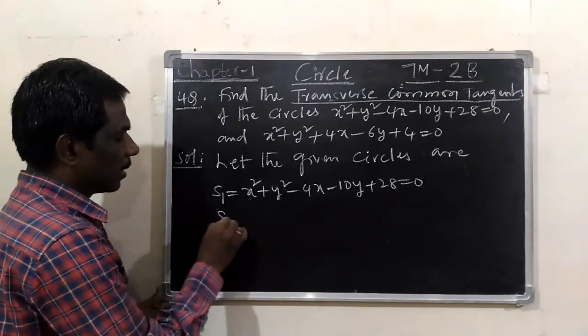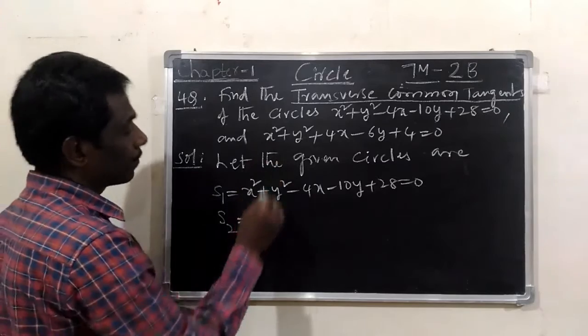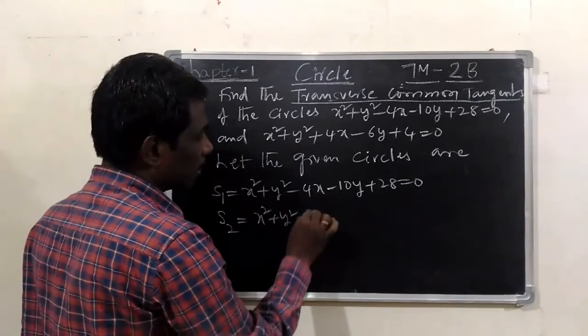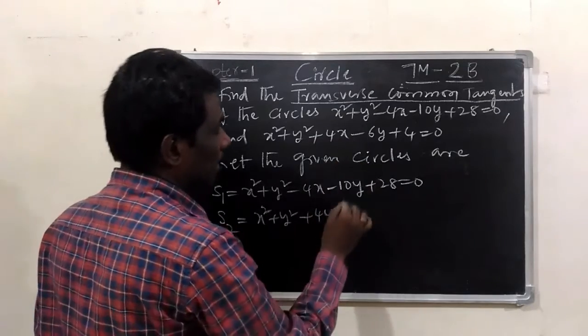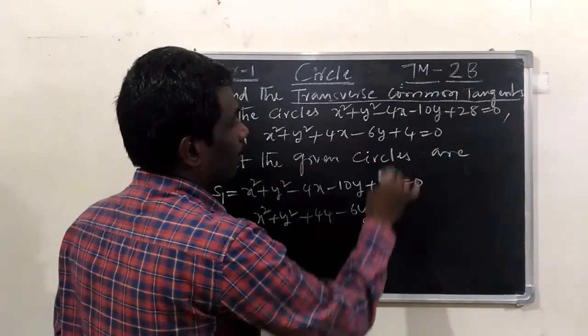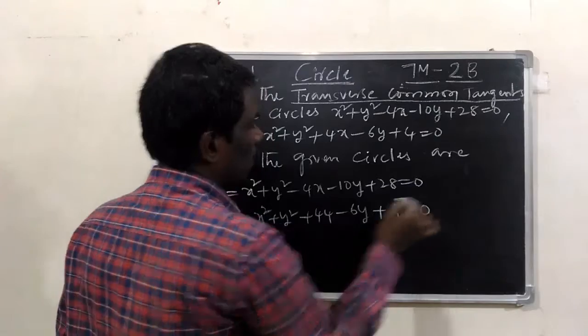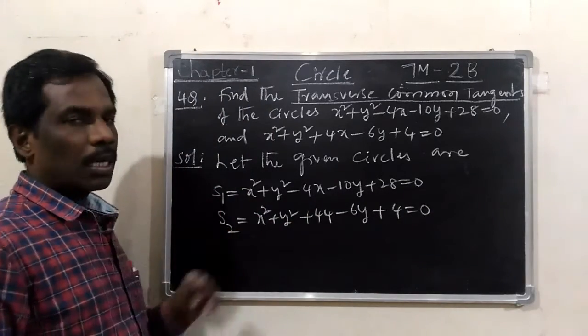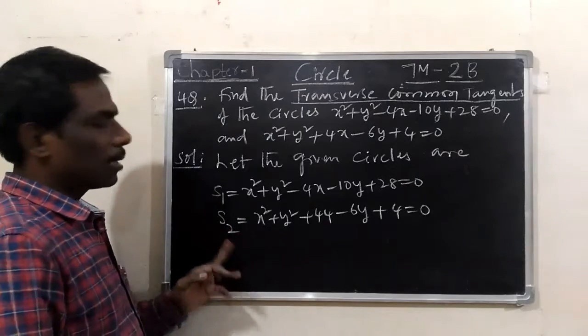And the second circle S2 equals x square plus y square plus 4x minus 6y plus 4 equal to 0. Here I assume the first circle as S1 and the second circle as S2.